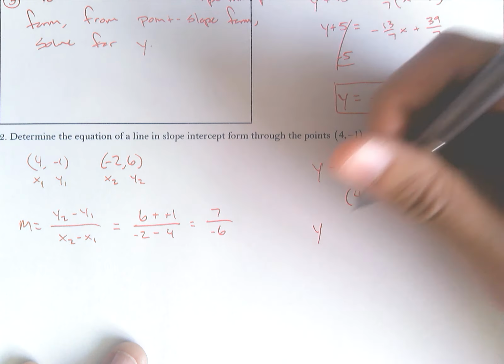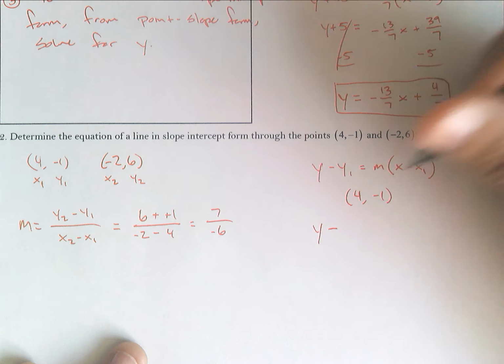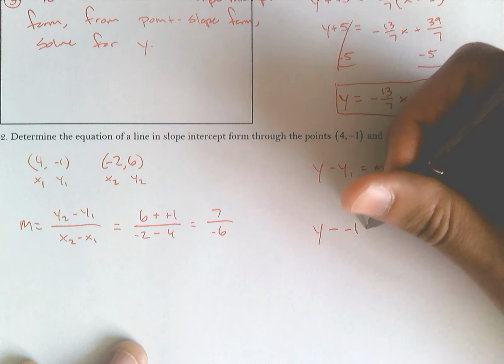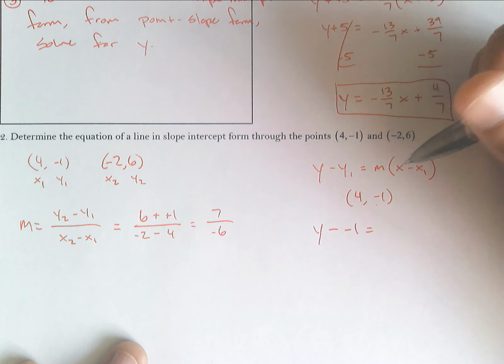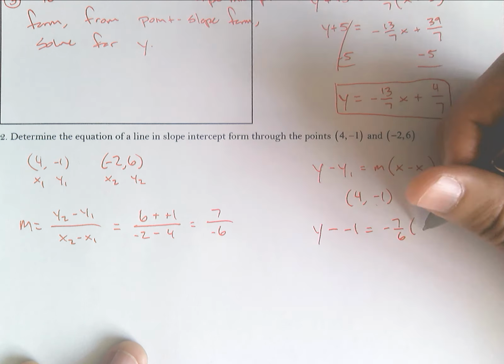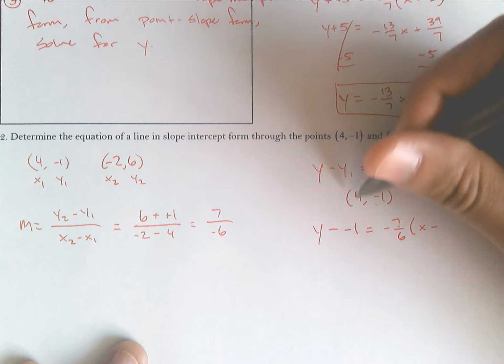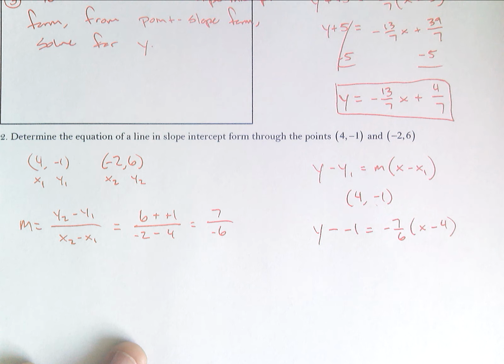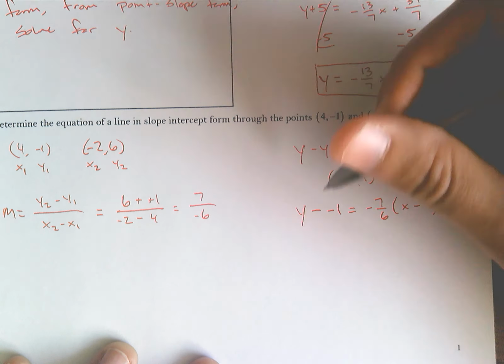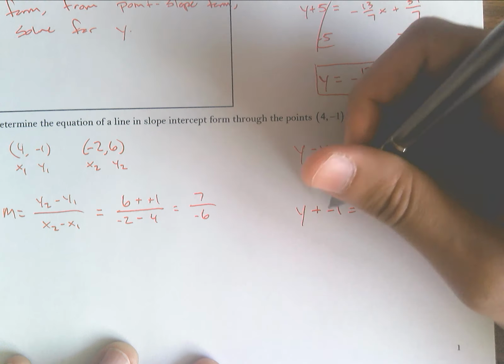So we have y minus, well, y1 is negative 1. So we plug in negative 1 equals m, our slope, which is negative 7/6, times x minus x1. Well, x1 is 4. So we plug that in, and now we solve for y. So we have y minus negative 1, that double negative again.